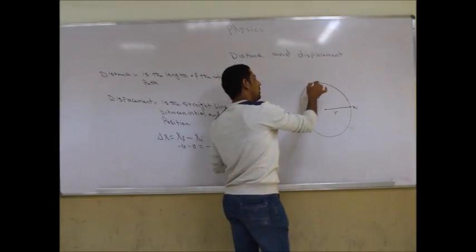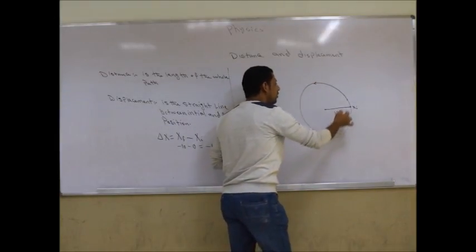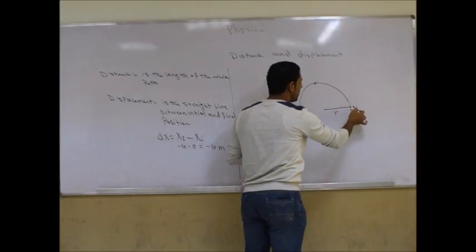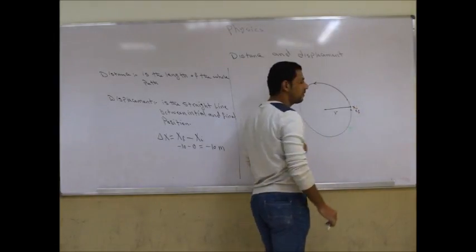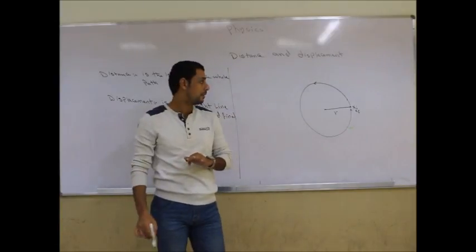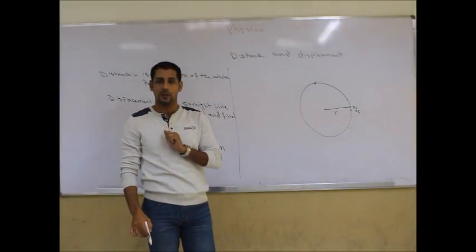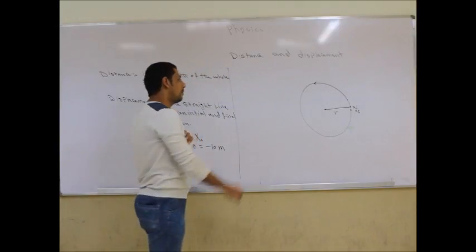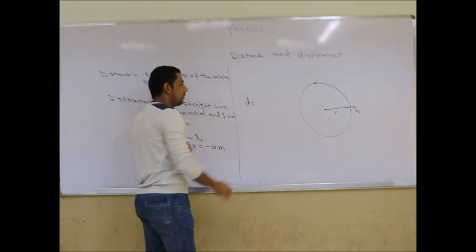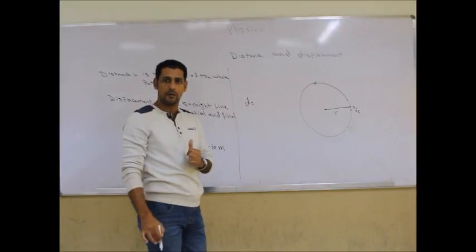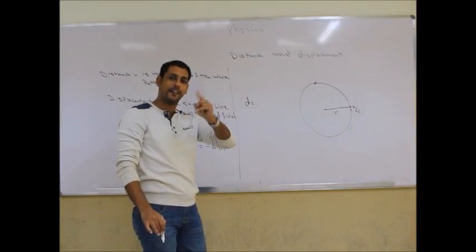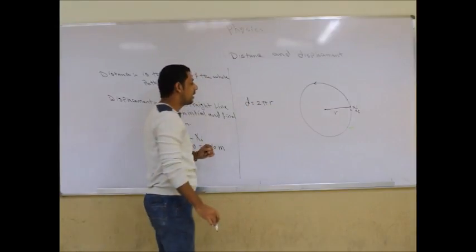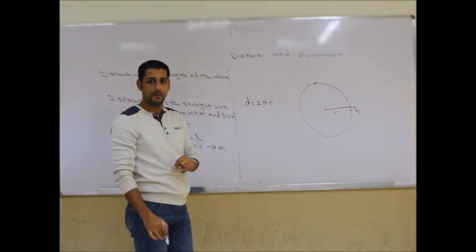If the object makes one complete revolution, it comes back again to xi, so xi and xf will be the same point. How to calculate the distance? In this circular path, the distance will be the circumference of the circle. What is the circumference? It's 2 pi r. So this is the distance.